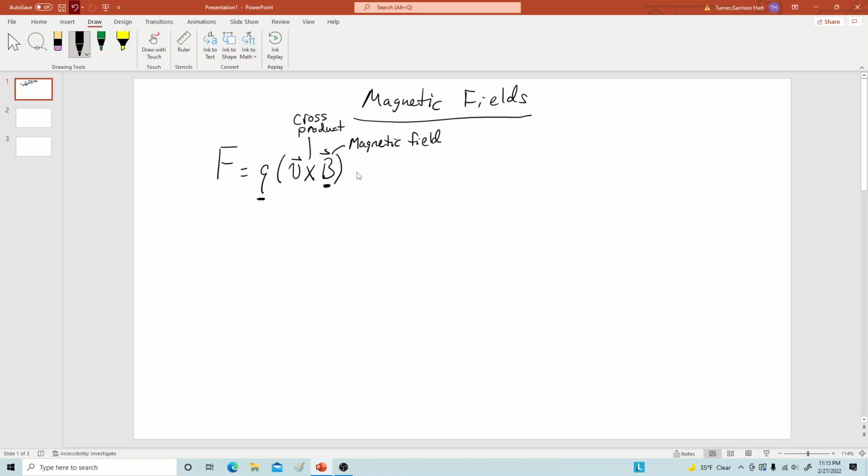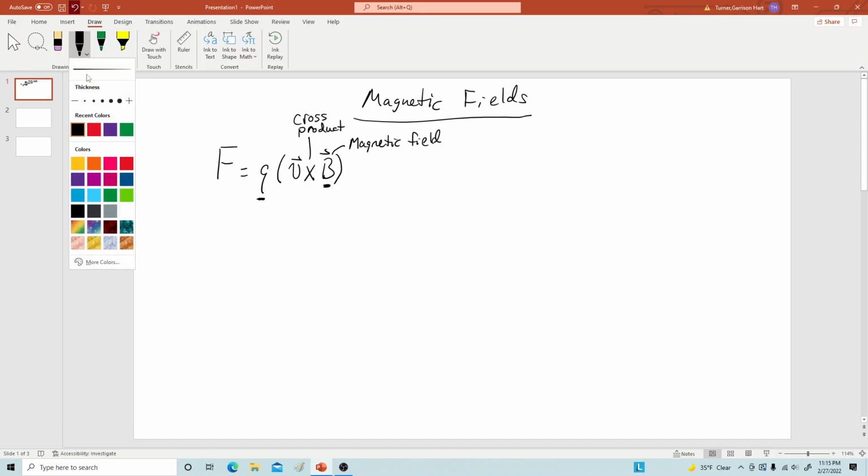So this is a vector operation, and if we denote our magnetic fields, let's say the magnetic fields are blue.